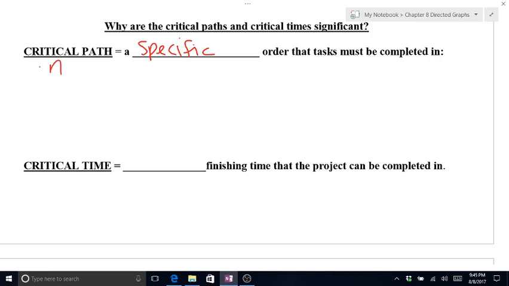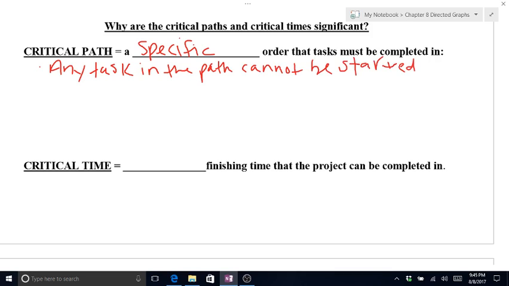So this means any task in the path cannot be started until all tasks before are complete.